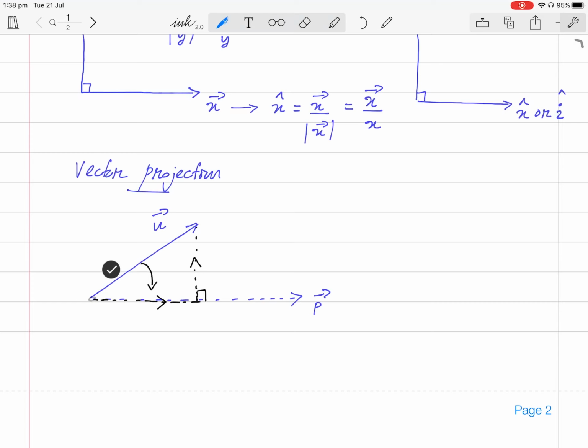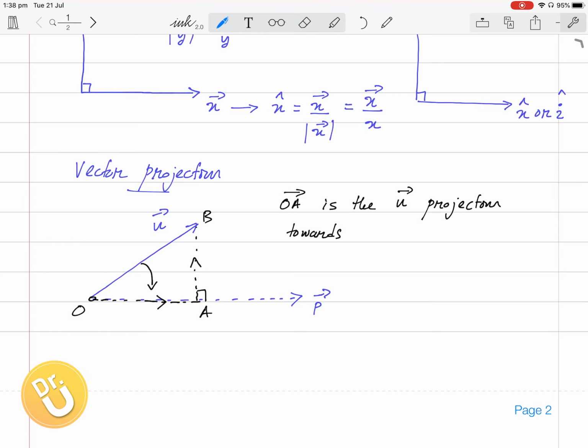So now this vector, I would say OA and AB. OA vector is the u vector projection towards p vector, and AB vector is the perpendicular projection from p vector.